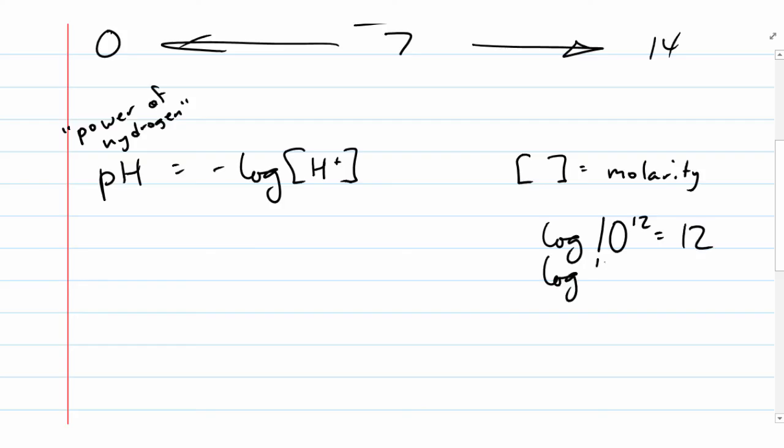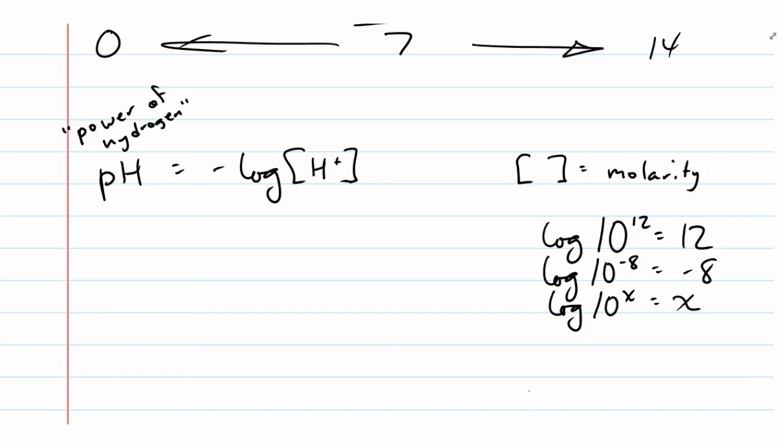And what is the logarithm of 10 to the negative 8th? Negative 8. So that means the logarithm of 10 to the x is equal to x. We've covered here in about 30 seconds what takes about a whole class period in math to do. This is logarithms, and that's how they work.